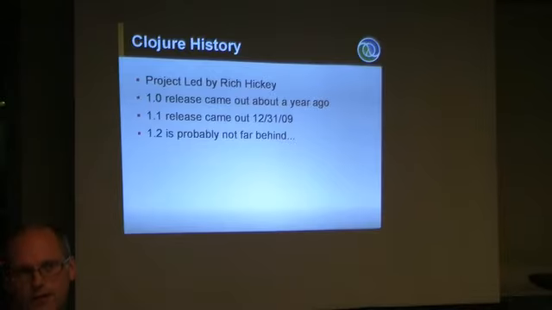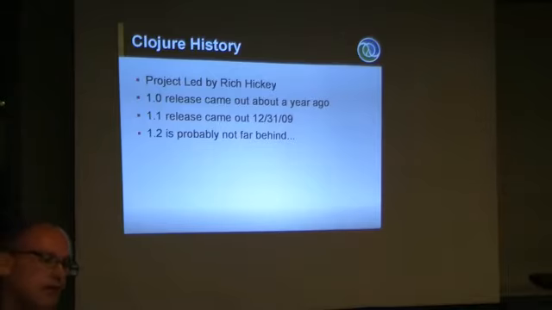From what I understand, right now it's a little hard to get running, but it does actually work, and people are using it. The 1.0 release of Clojure came out just about a year ago, I think it was in October, and the 1.1 release came out just at the end of last year, so it had a lot of new stuff.